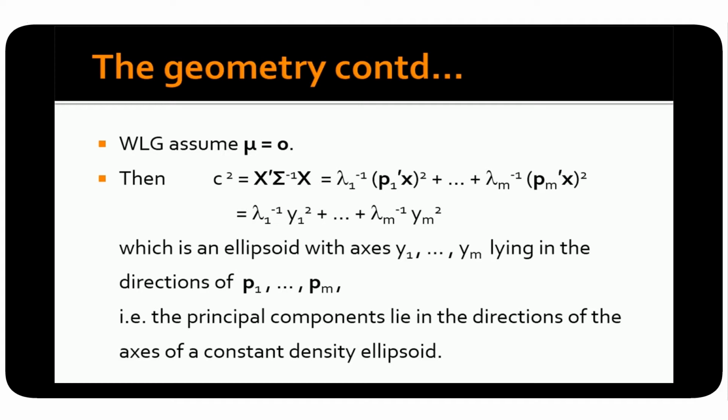And this equation defines an ellipsoid in a coordinate system with x's as the axes and the directions p1, p2, pm respectively. Now, lambda 1 being the largest of the eigenvalues, the major axis would lie in the direction of p1, and similarly the second one, which is lambda 2, would be in the direction of p2, etc. So, what it does basically is it makes a transformation. Remember that when we are doing a principal component analysis, it means really that we are making an orthogonal transformation.